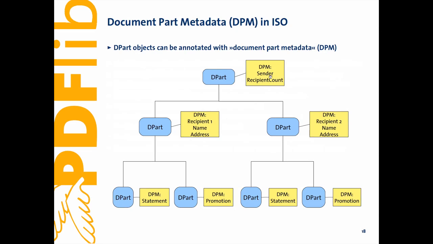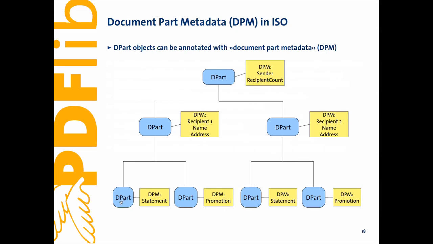We learned already that DPM is not restricted in any way. You can put in any data you want, but of course you should do it in a consistent way. So each level should probably have a defined set of fields that make sense at this level. For example, at the recipient level, we could have name and address.